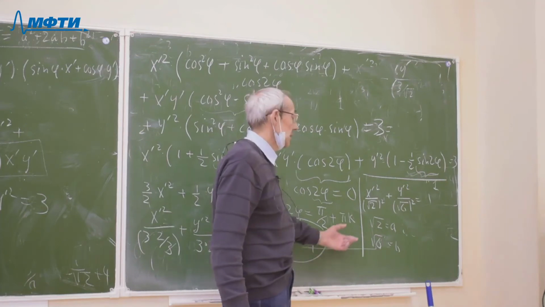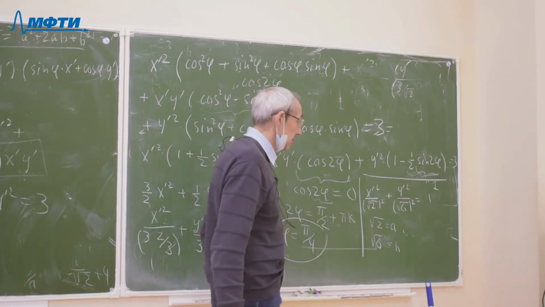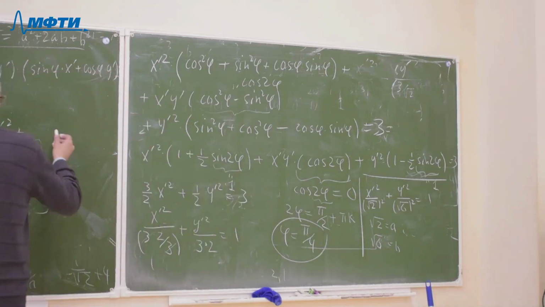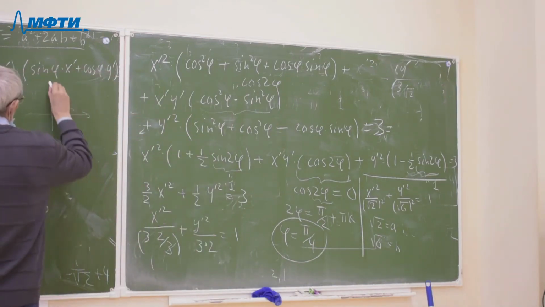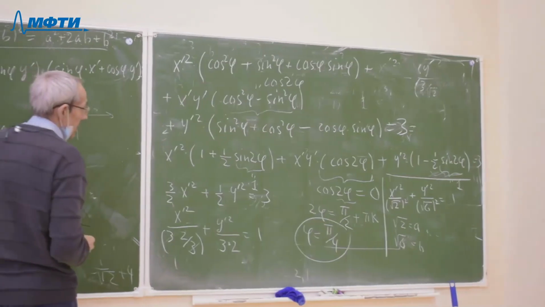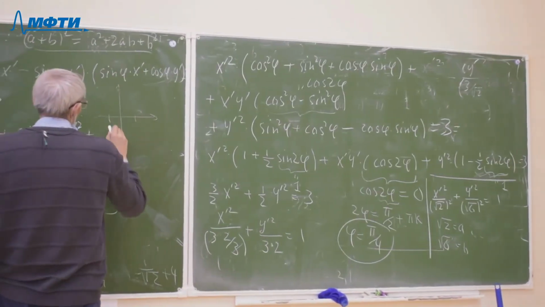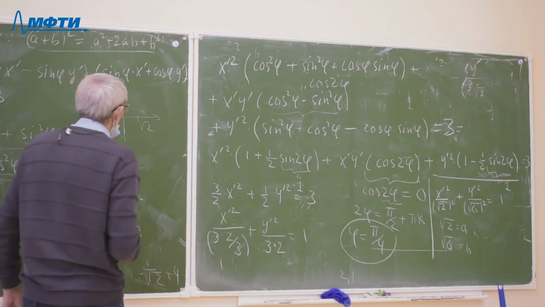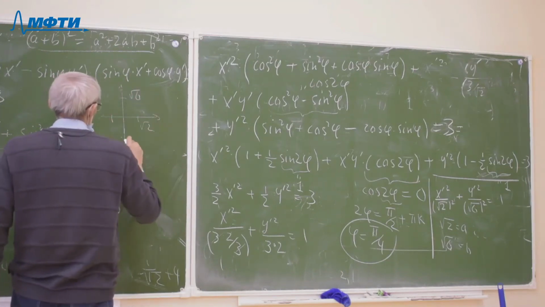What can we do to obtain the canonical equation? We obtain the ellipse in such form: A is equal root square 2, but B is equal root square 6.